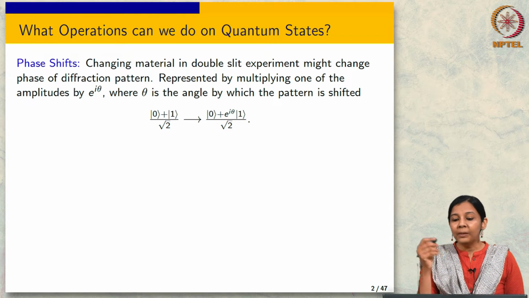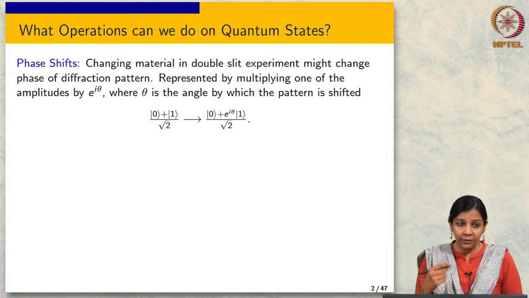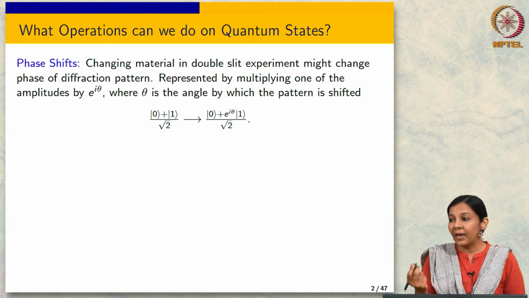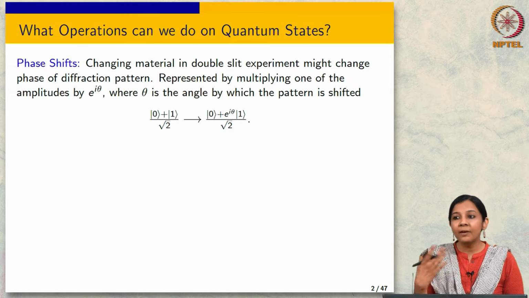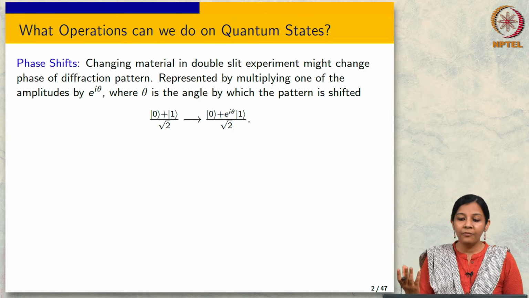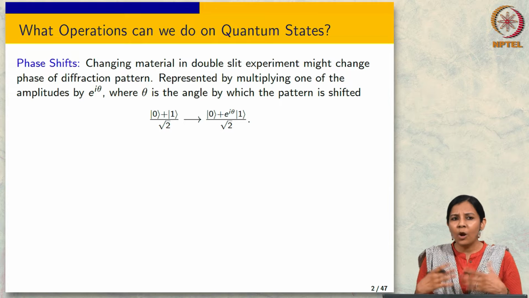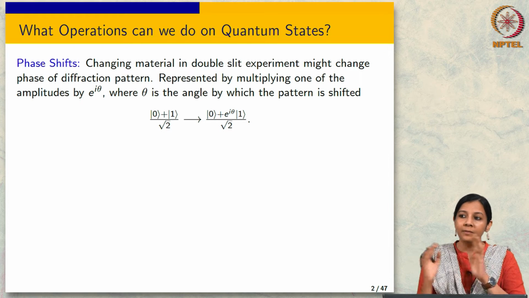One simple thing that we can do is a phase shift. This is a very simple single qubit operation, and the physical motivation for it comes from the fact that if you change the material in the double slit experiment, then the diffraction pattern could change. We will not go into the physics of this, we will just stick with the math.